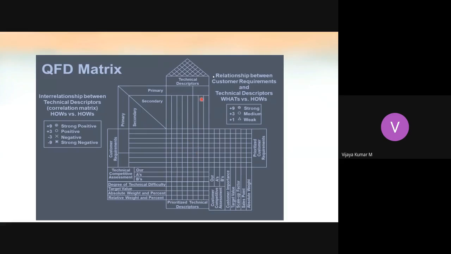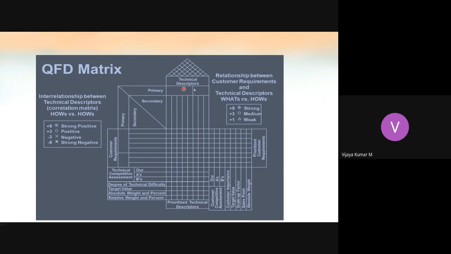After doing that, you have to find the interrelation between the technical descriptors. This is also called the correlation matrix. This is called the relationship matrix, and this particular matrix is called the correlation matrix. This is correlating between how and how.